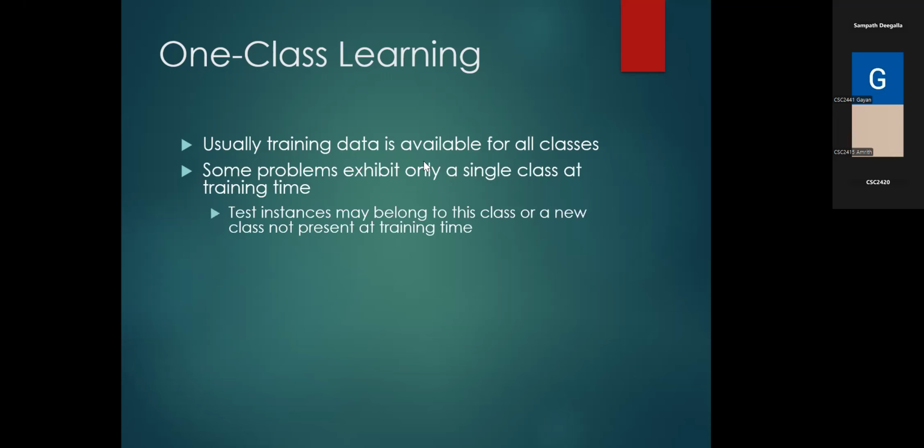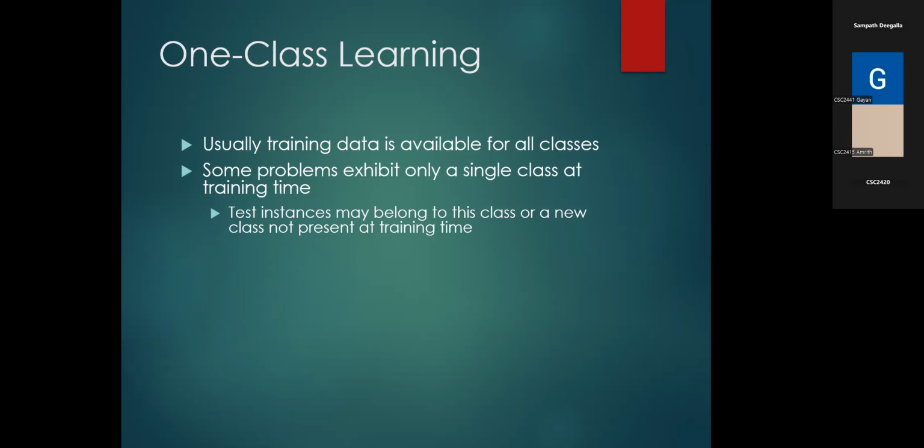Some problems have just a single class when you're doing training. So the problem is we can classify, but it's very hard to find data for some classes. Ideally, you can model it as a two class problem, but when you collect data, you have data only for one class.